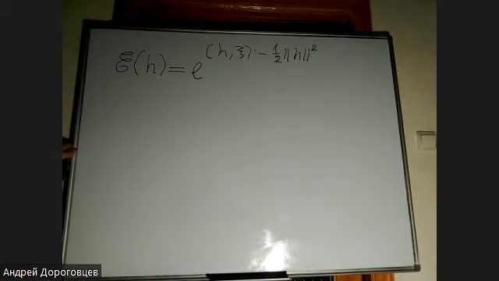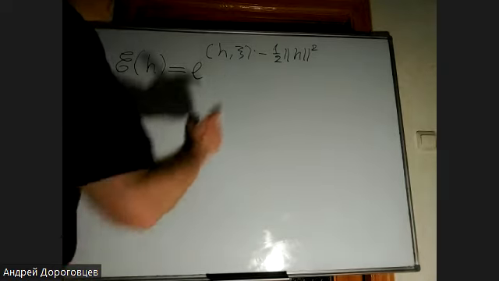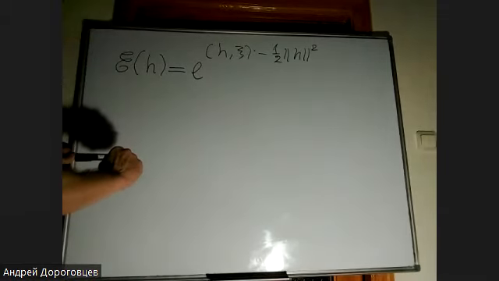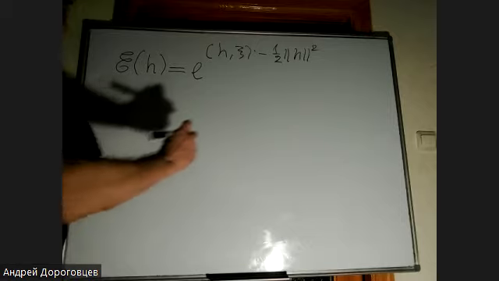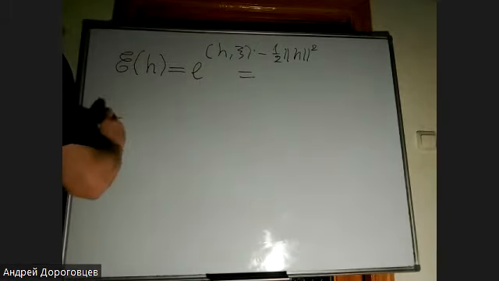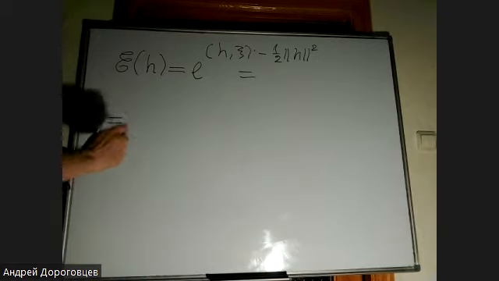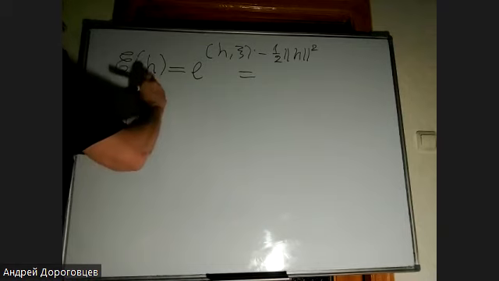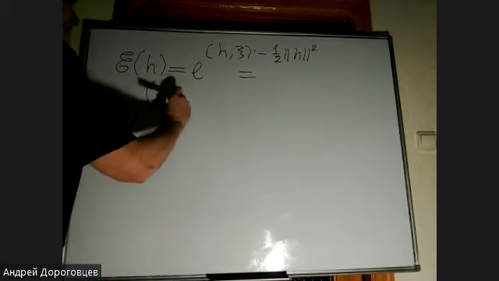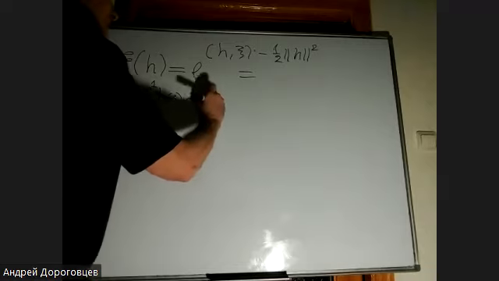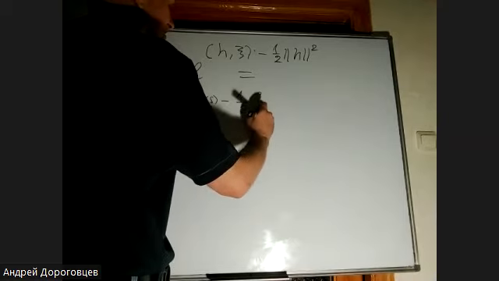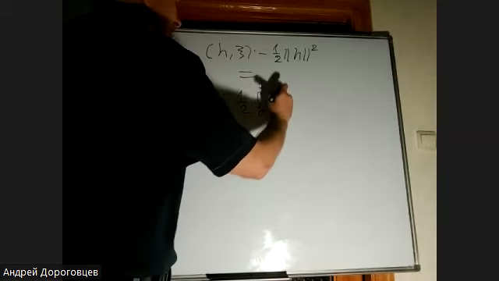Now I will suppose that psi is generated by our linear process W. Then we can continue this general formula to our particular case, and we will get the integral from 0 to 1 of h_s dW_s minus 1/2 of the integral from 0 to 1 of h squared s.